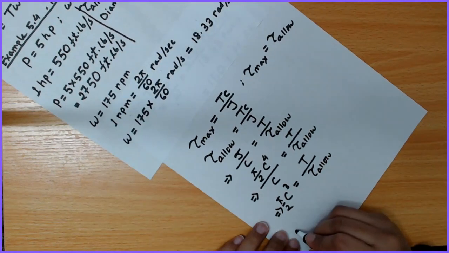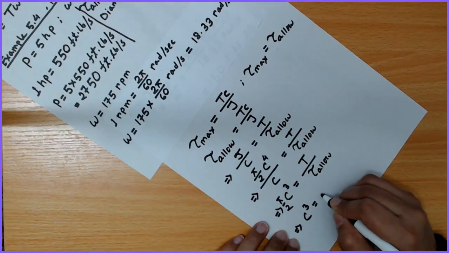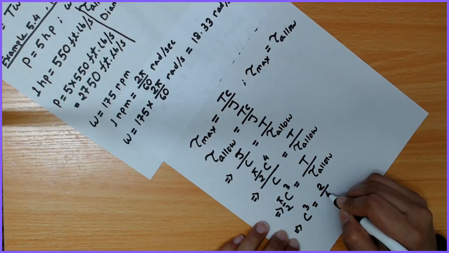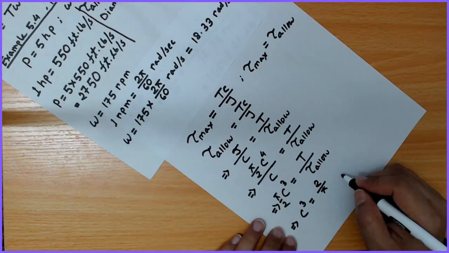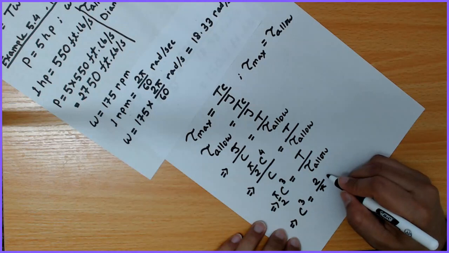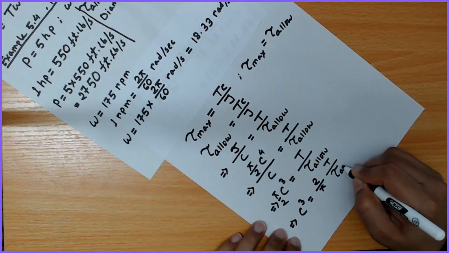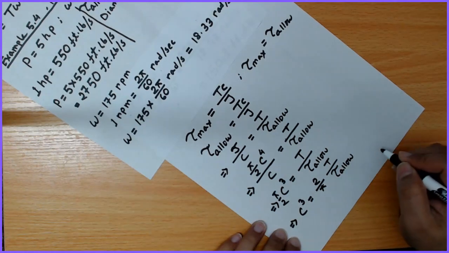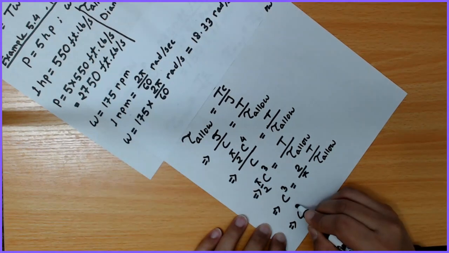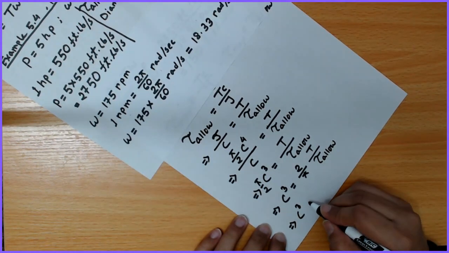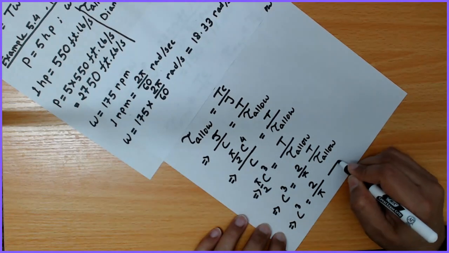We can write C cube equal to 2 by pi T by tau allow.